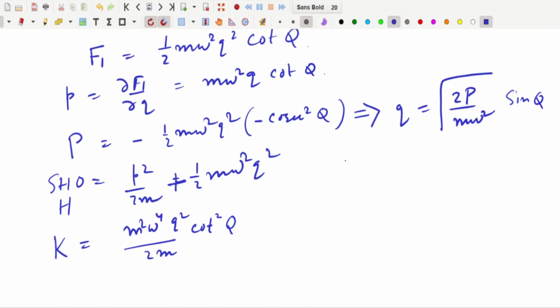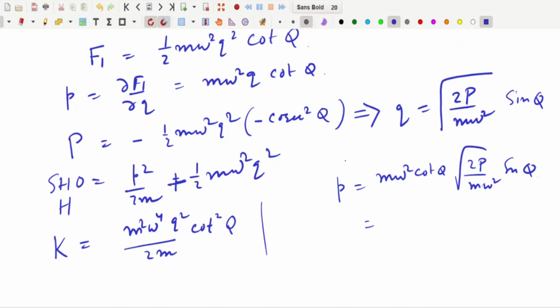okay. Before we go on to use it, we also simplify p equal to m omega square q cot Q, but substitute the q. q is root of 2P by m omega square times sin Q. So this will be cot Q and sin Q will give cos Q, and one omega will get cancelled.